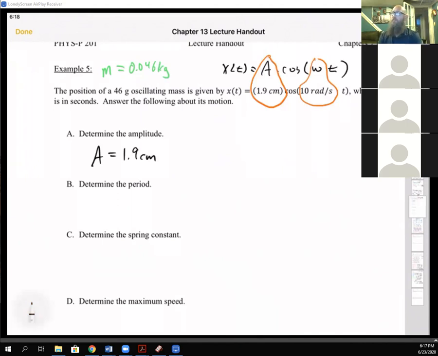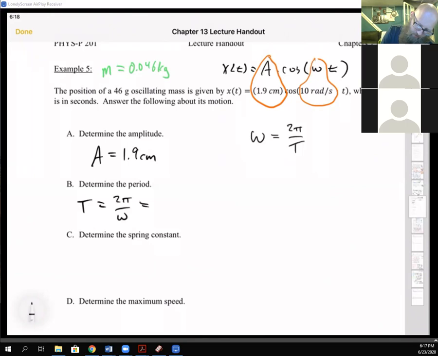Determine the period. I don't know period directly, right? But I do know omega, and I know that omega is related to period this way, right? So that means period equals 2 pi divided by omega. So I can just plug that in. 2 pi divided by 10 radians per second is going to give me 2 pi. No, math doesn't work that way.